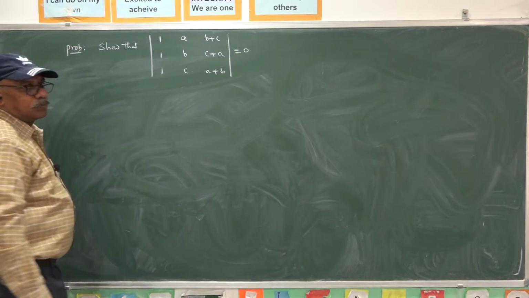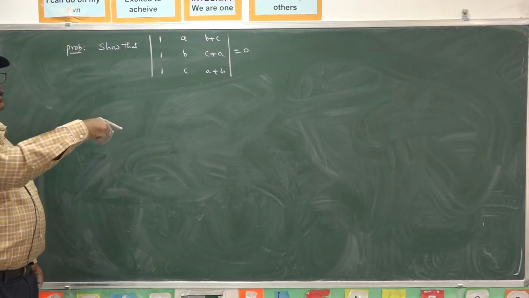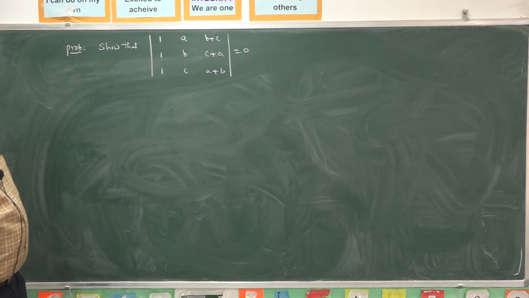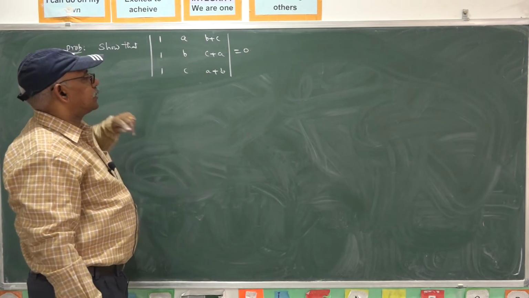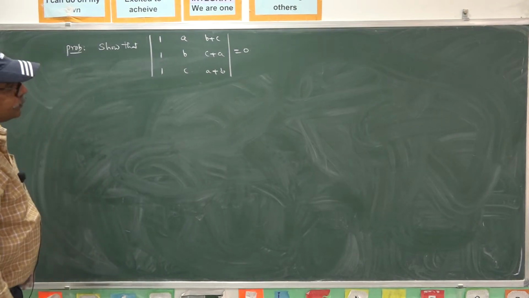I am reading the elements column wise: 1 1 1, A B C, B plus C, C plus A, A plus B is 0.